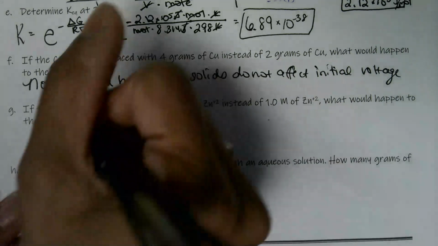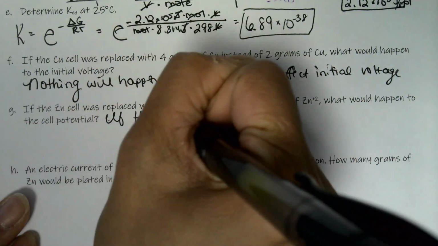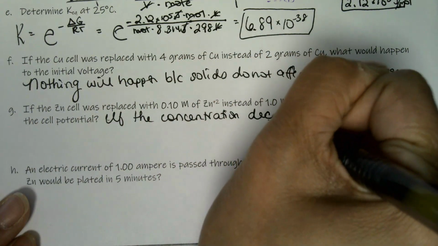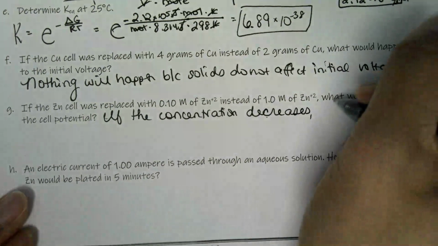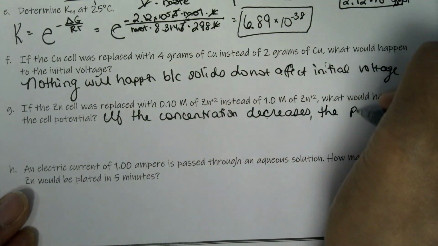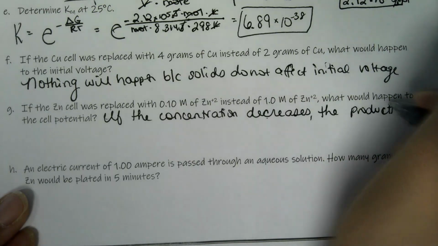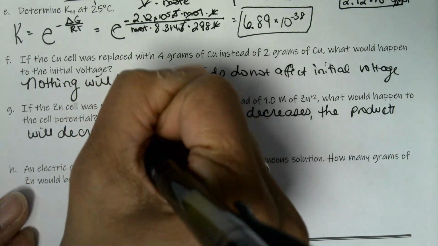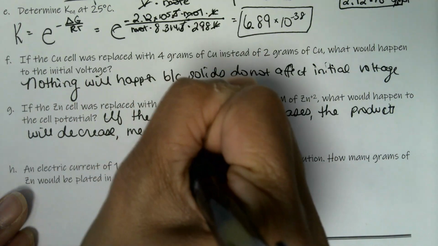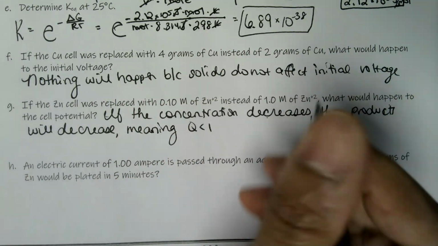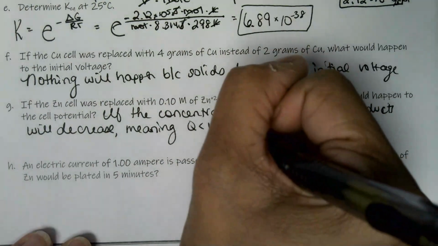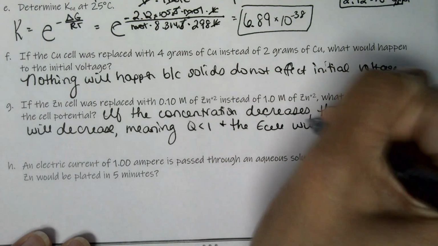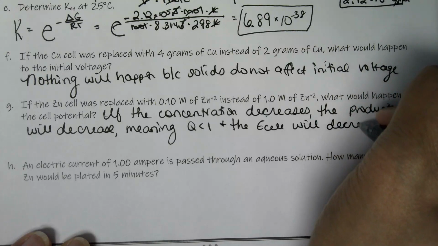So if the concentration decreases, the products will decrease, meaning Q is less than 1, and your E cell will, let's say, decrease here.